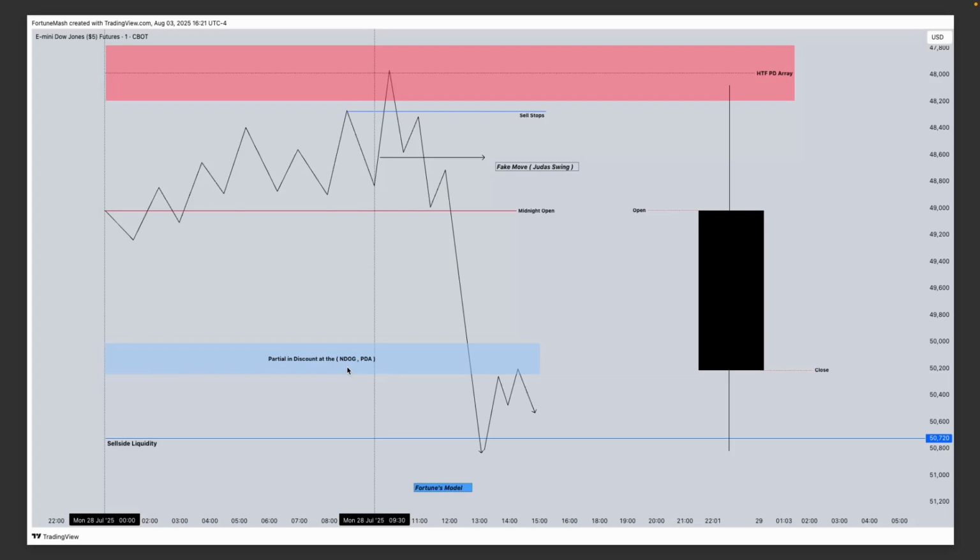When you're bullish, you take partials at the premium PDRA. When you're bearish, you take partials at a discount PDRA or a new day opening gap if it's there on the range. Then leading to the sell side liquidity, if you have imbalances, previous day low or relative equal lows. Now let's move to an example.